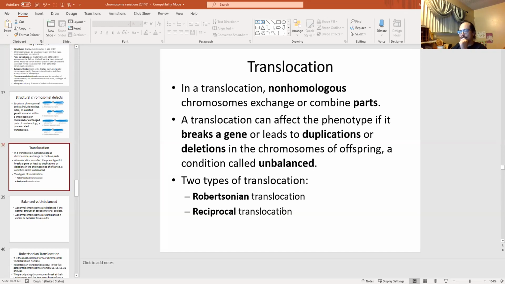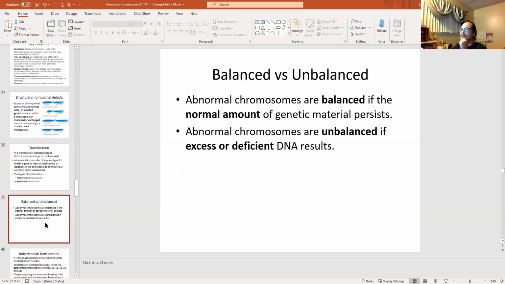There are two types of translocation. One is called the Robertsonian translocation. The other one is the reciprocal translocation. These translocations lead to balanced or unbalanced outcomes. Balanced means the total genome, the total number of protein-encoding genes, remains in place, even though their locations may be different.